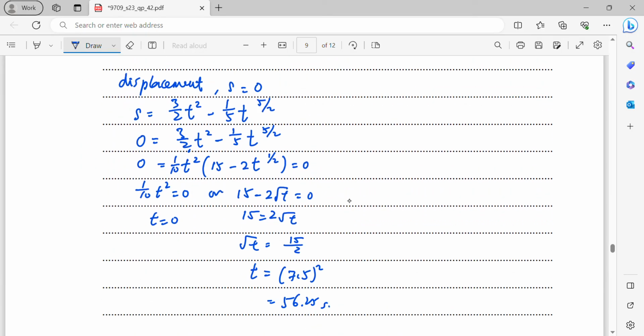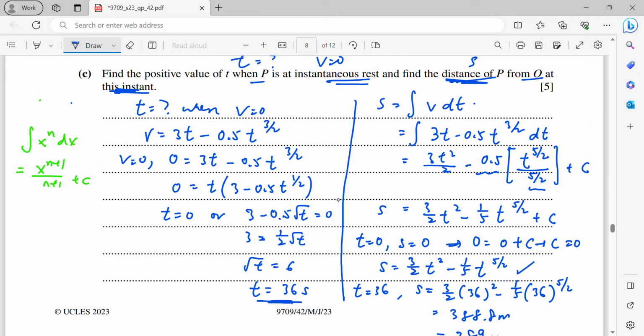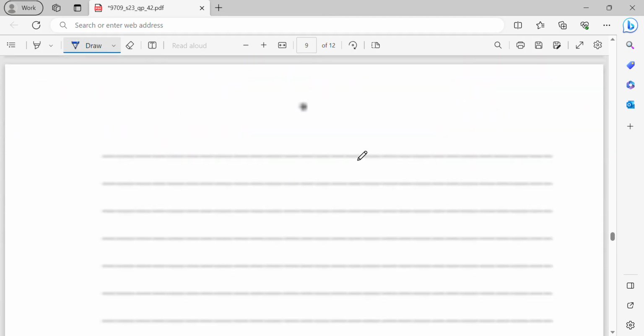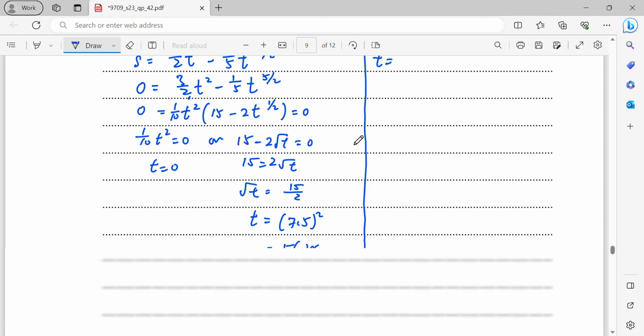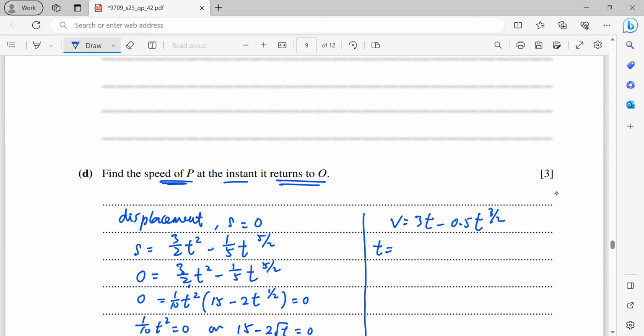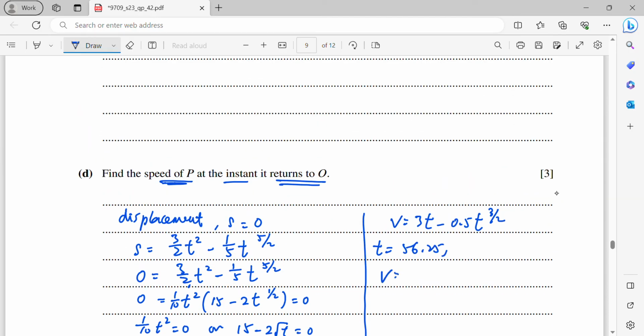So now our speed formula, go back to the previous question. This is the velocity, and the magnitude of velocity will be the speed. So I will just copy this, 3t minus 0.5 t to the power 3 over 2. So when t equals 56.25, the v is going to be 3 times 56.25 minus 0.5 times 56.25 to the power of 3 over 2.